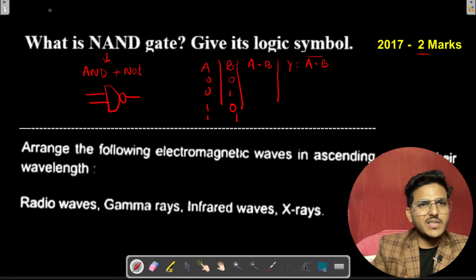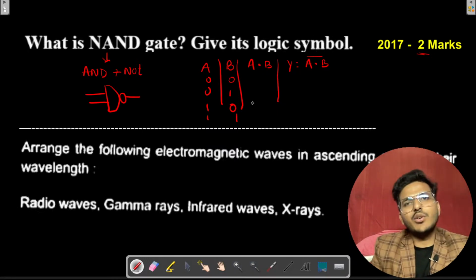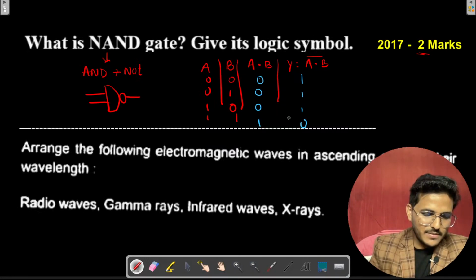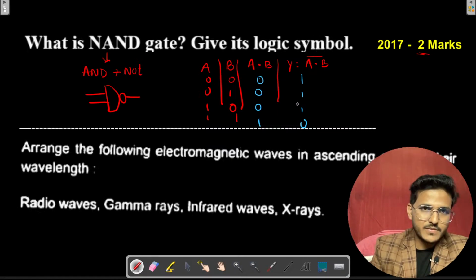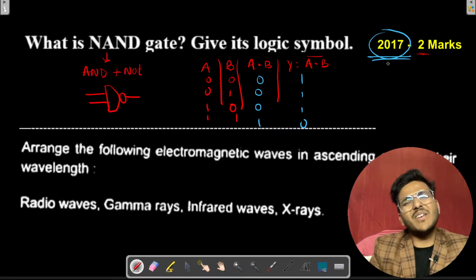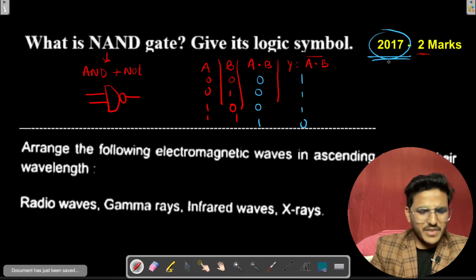This is the way to write your truth table. If any input is low, then output is high. That is basically from 2017.